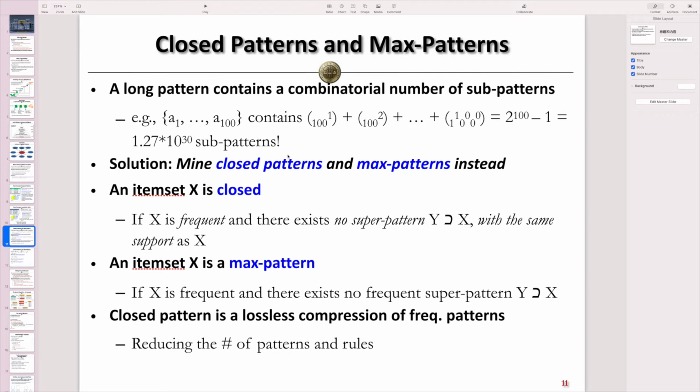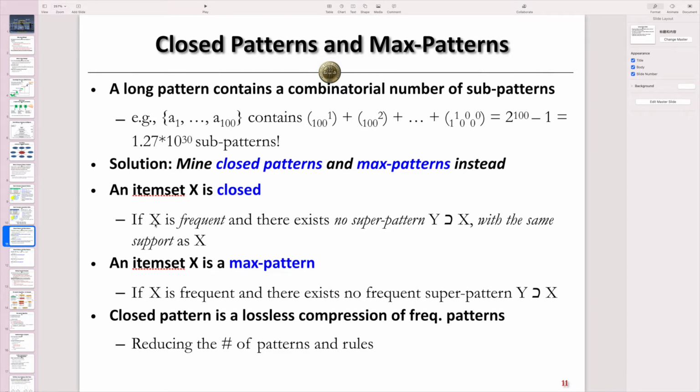So what is a closed pattern? Given an item set, we define this item set to be X. We can say this item set is closed if X is frequent and there exists no super pattern Y of X with the same support as X. Because we know that, given a pattern X, if we put more items into X, its support, its frequency, will decrease.